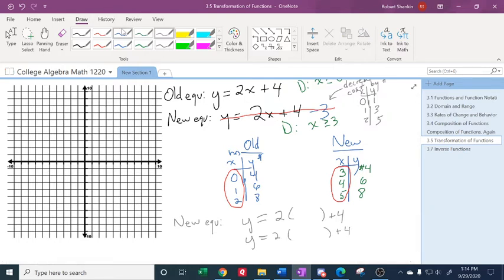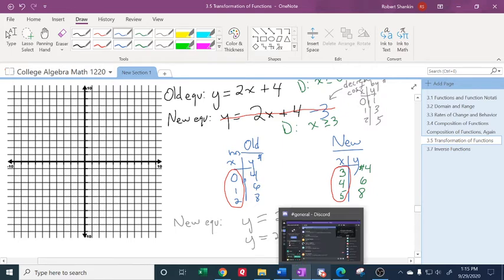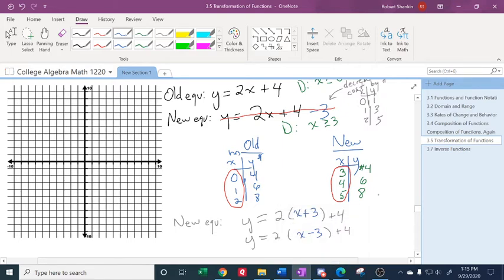Will it be replaced with x plus 3, for 3 free hours, or will it be replaced with x minus 3? Now, how can I tell which one it's going to be replaced with?